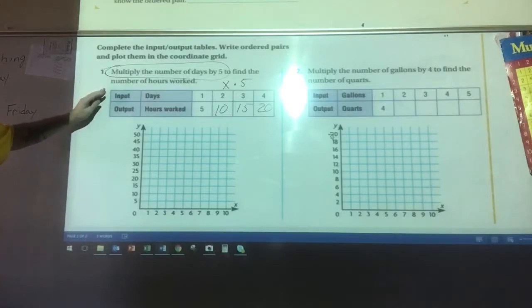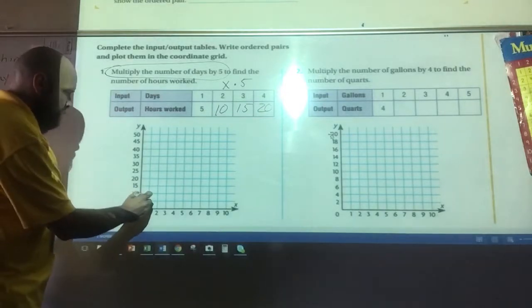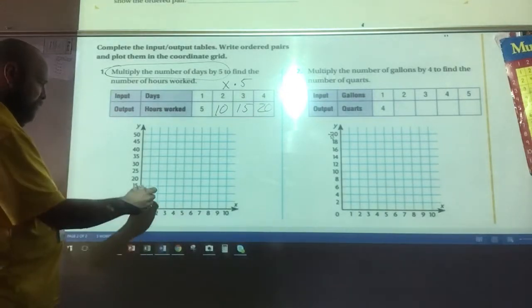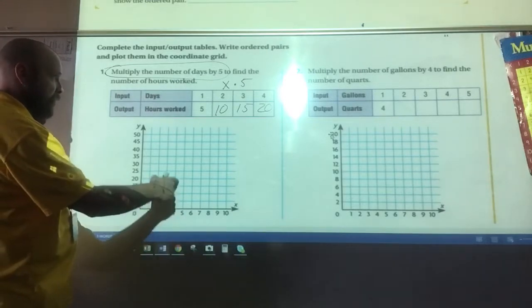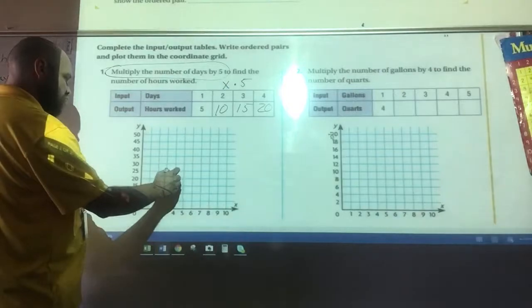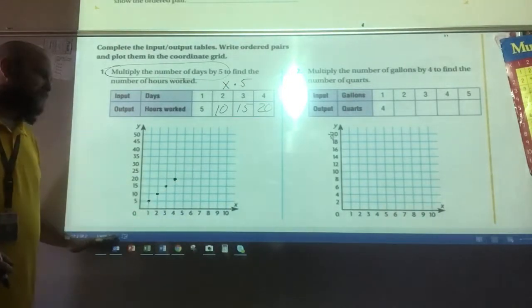All right, so find the number of hours worked. We filled it out. It's 1, 5. It's 2, 10. It's 3, 15. It's 4, 20. And again, pretty easy.